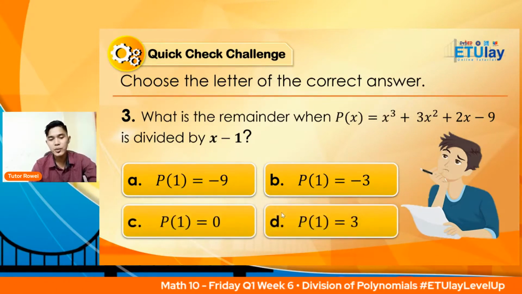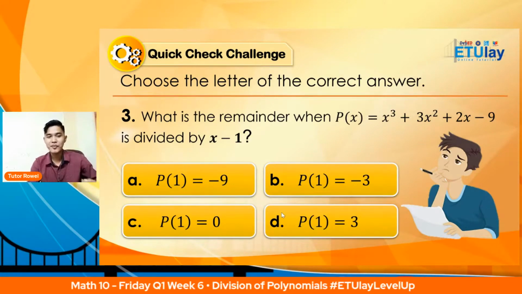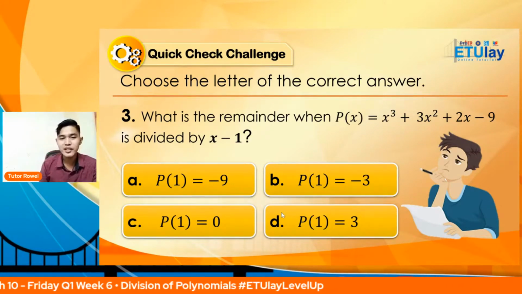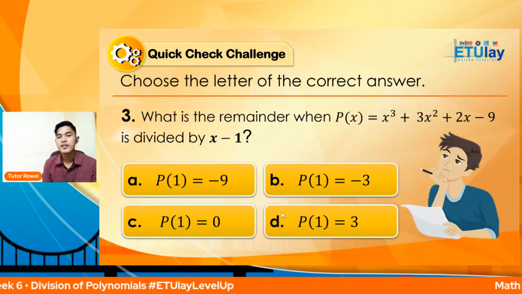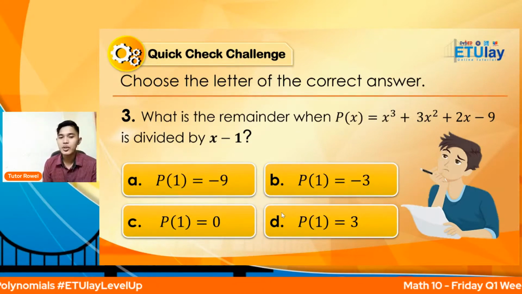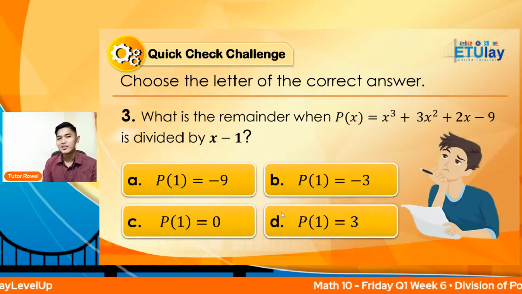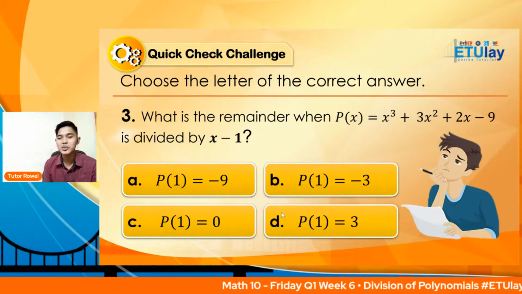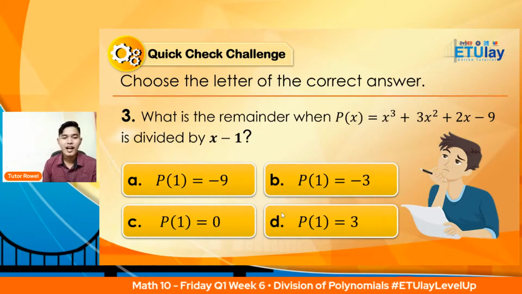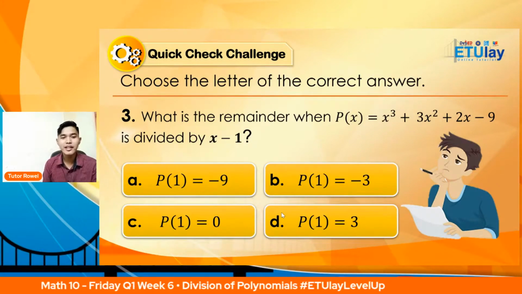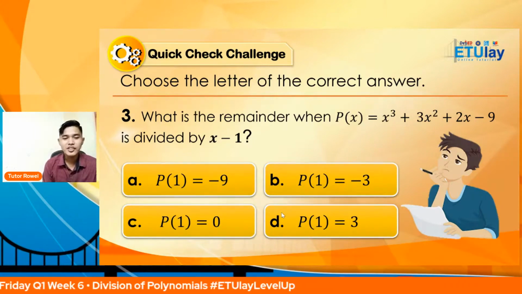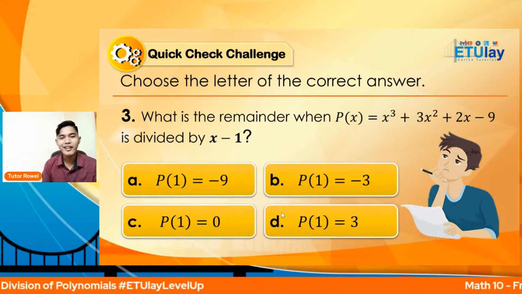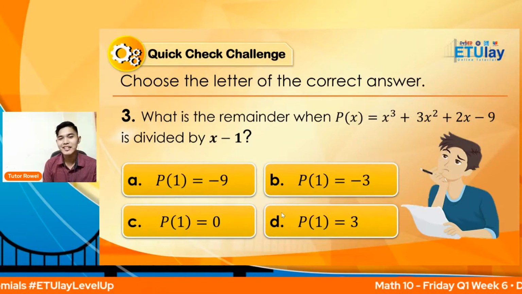Or D, P of 1 or the remainder is 3? Again, sa pagkuha ng remainder, pwedeng synthetic or gagamit kayo ng substitution or the remainder theorem. So again, mas madali kapag magsa-substitute na lang kayo. Ang isa-substitute nyo will be 1. Si x, papalitan nyo lang ng 1 and then evaluate or simplify.